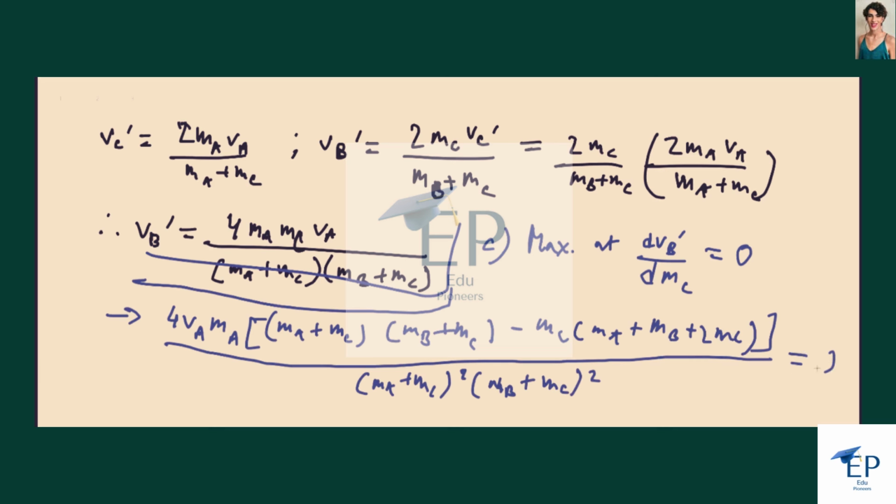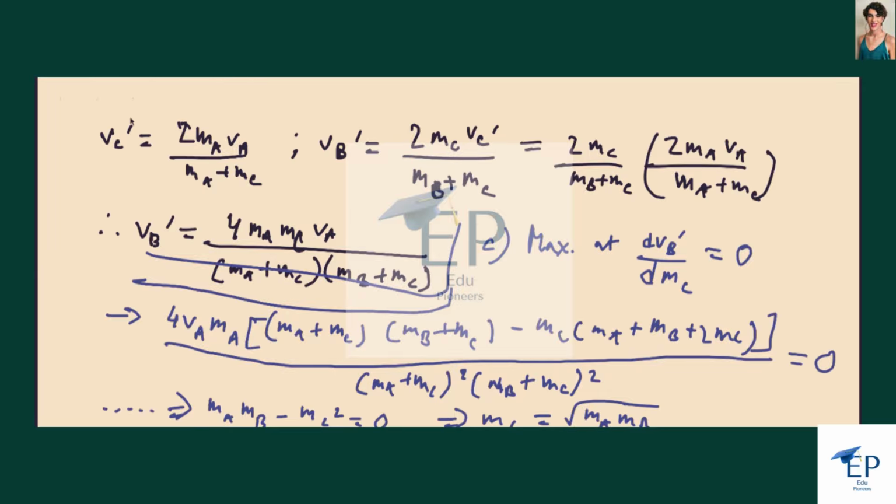We set that equal to 0. And after some painstaking algebra, we'll find that MA MB minus MC squared will be 0. Therefore, MC will be the square root of MA times MB.